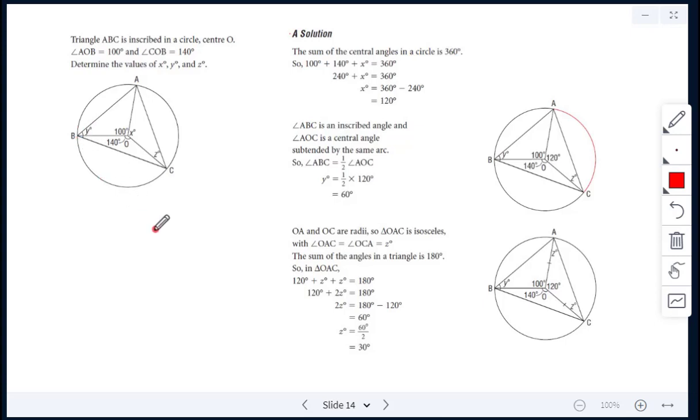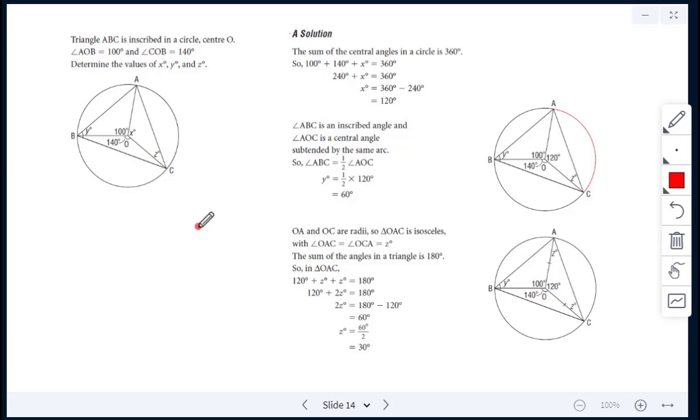The last one is Z. Angle Z is here. It's just this angle here. So AOC is not what we're looking at, for angle Z. We can call it ACO, as long as the C is in the middle when we name that angle.